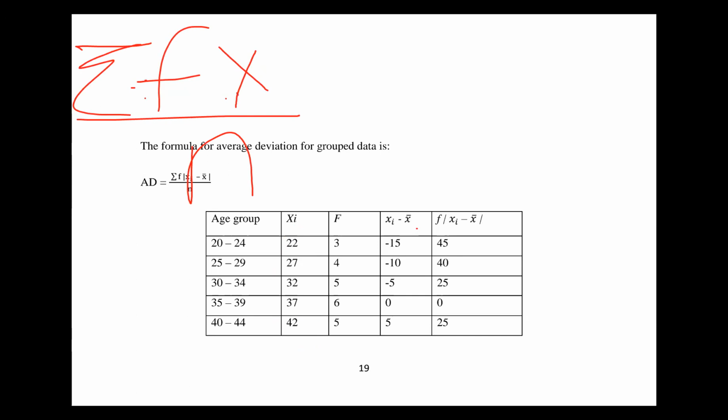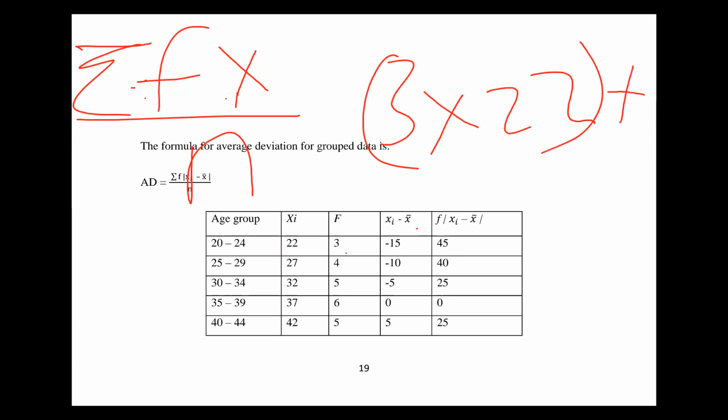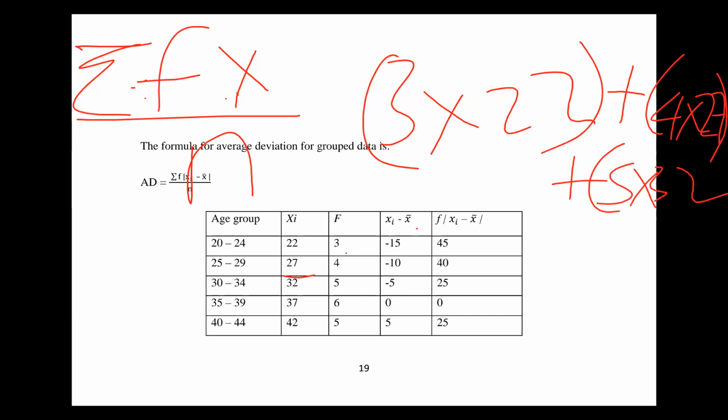The frequencies are 3, so you say 3 times 22, you add, then 4 times 27, you add, 5 times 32, you add. When you find the sum, you divide by the total frequency.